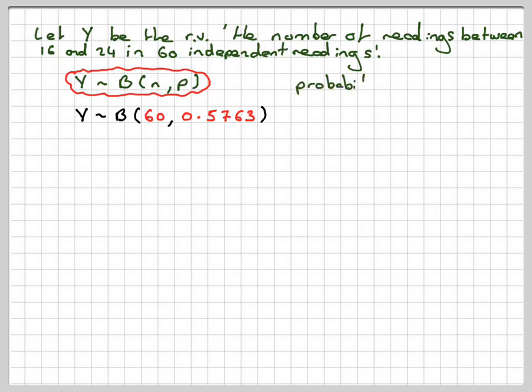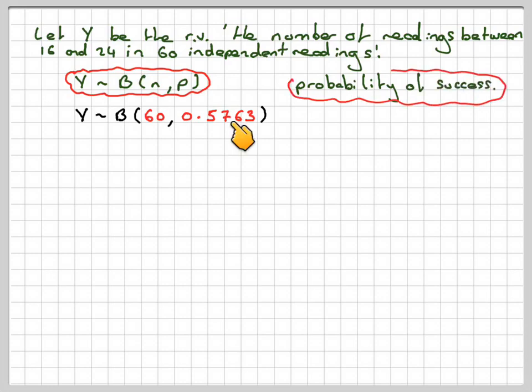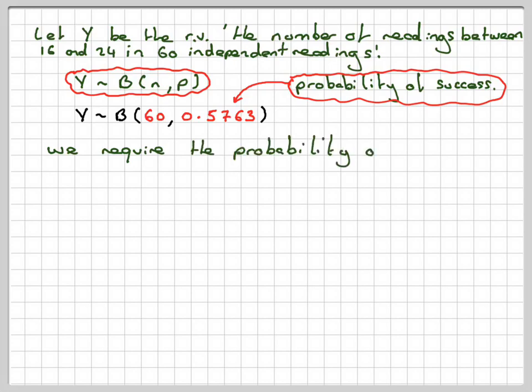This is the probability of success for this particular problem, and therefore we require the probability of at least 40. So we want the probability that y is greater or equal to 40.